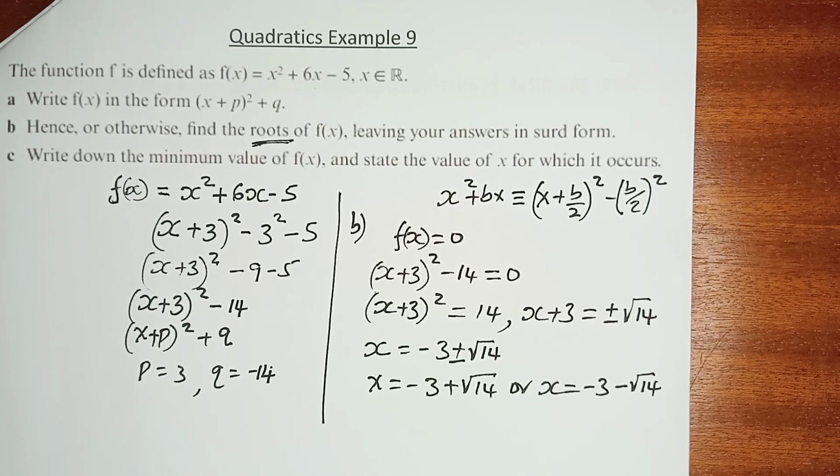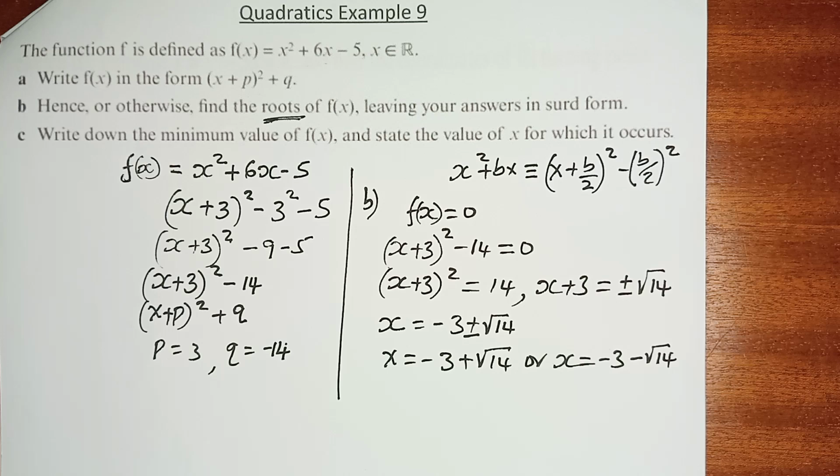What about part C? Write down the minimum value of f(x) and state the value of x for which it occurs. The minimum value of f(x). That is actually the question.